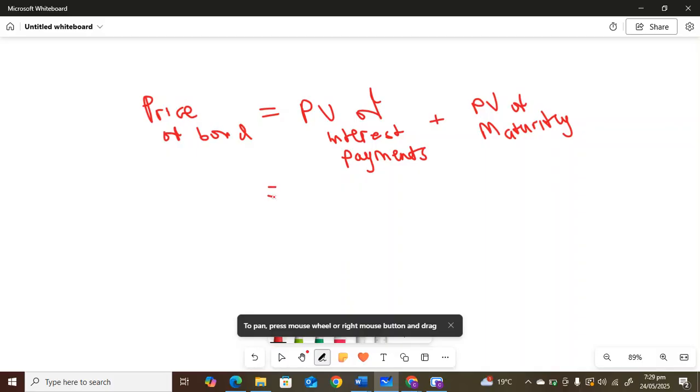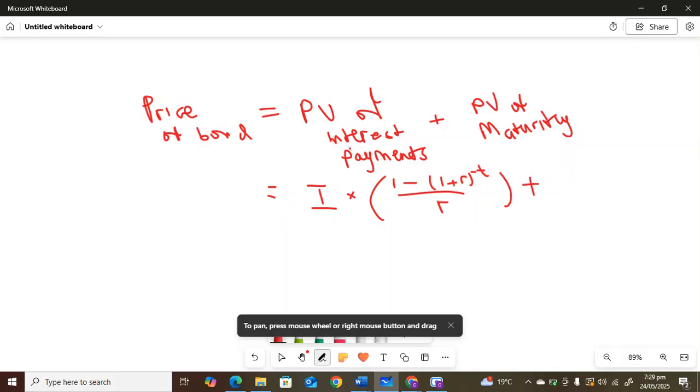These interest payments are the same payments over the same period of time, so they represent an annuity. So it's your interest payments multiplied by 1 minus (1 plus r) to the power negative t, over r.